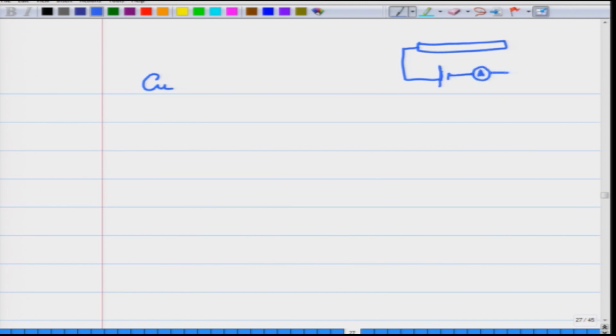You measure the current flowing through the circuit and the voltage appearing across this piece of copper, which is your basic Ohm's law. Then you can measure the resistance, V is equal to R into I. From the resistance into A divided by L, where A is the area of cross section of this wire and L is the length, you will get your resistivity rho.